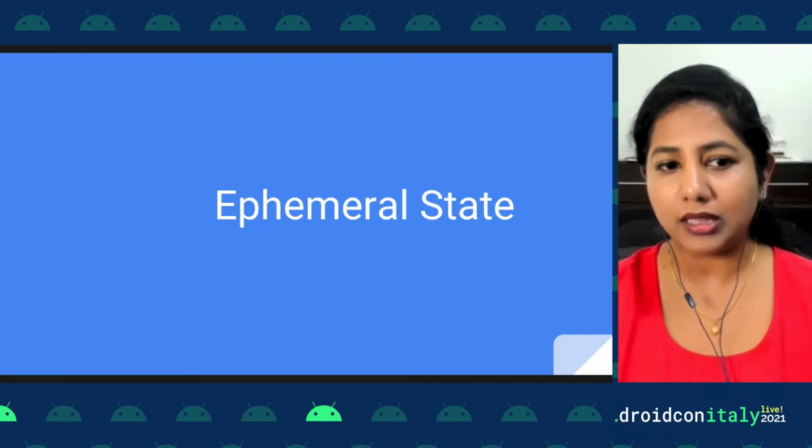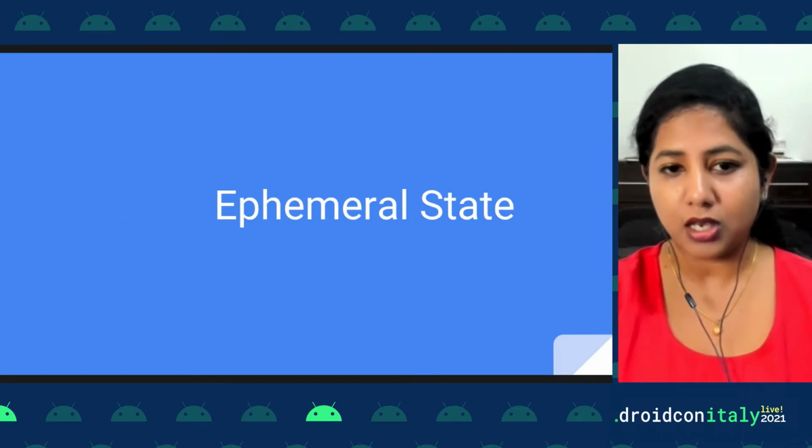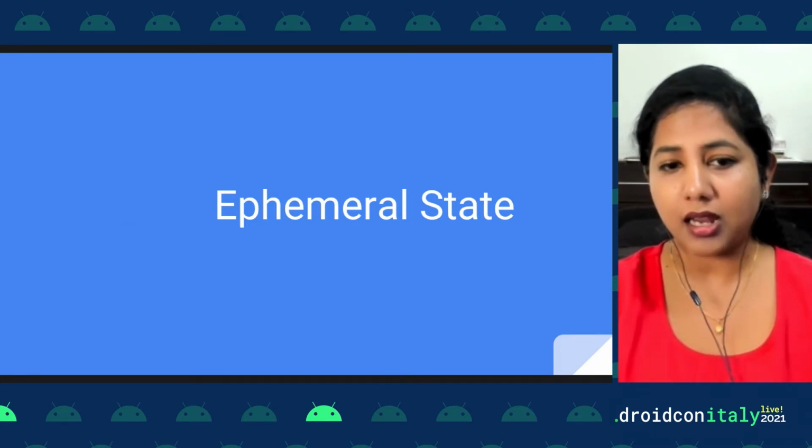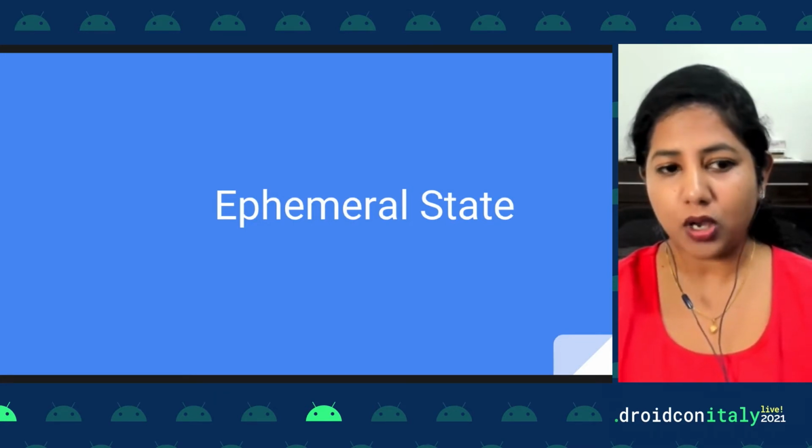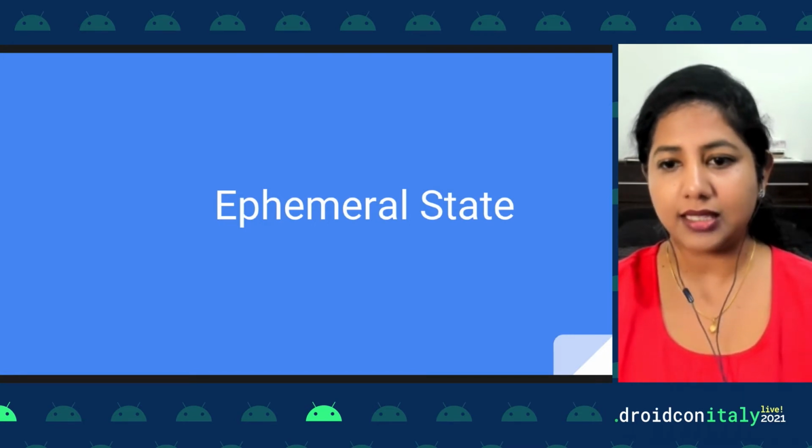Now, who handles all these other aspects of the state of your app? Definitely not the framework, right? So there are few states that you manage yourself, and they are bifurcated into two things. One is this ephemeral state, another one is the app state. So ephemeral state is something that can be implemented using state and set state.